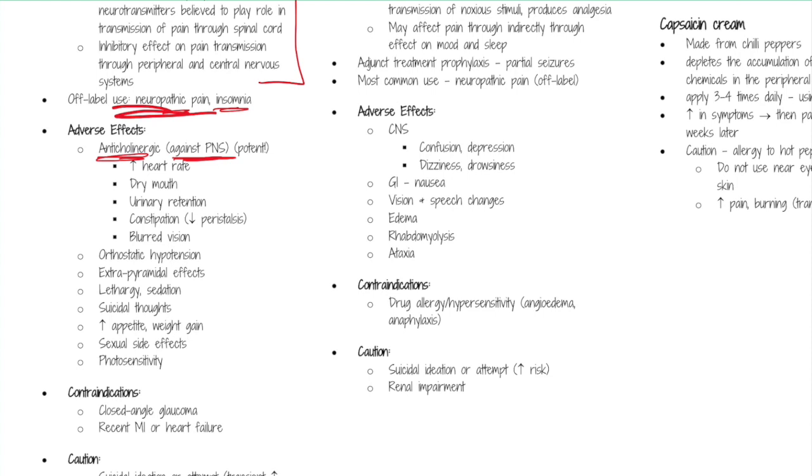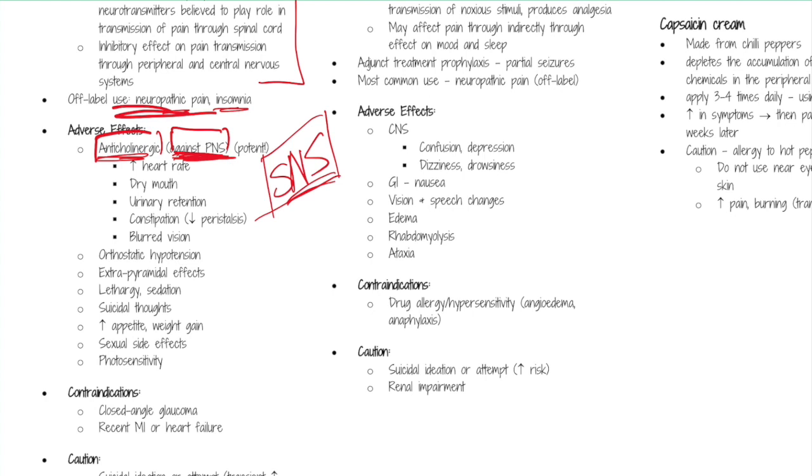And so when we are working against a parasympathetic nervous system response, we are going to get a sympathetic nervous system response. This is how I think about it. And so whenever I see an anticholinergic that I know is working against the parasympathetic nervous system, I know it's going to have a bunch of sympathetic nervous system responses, like it's a fight or flight.